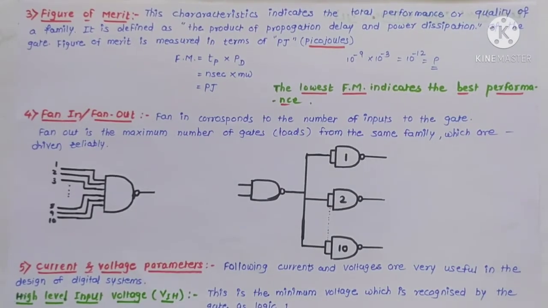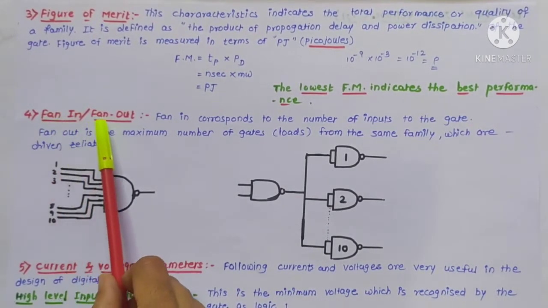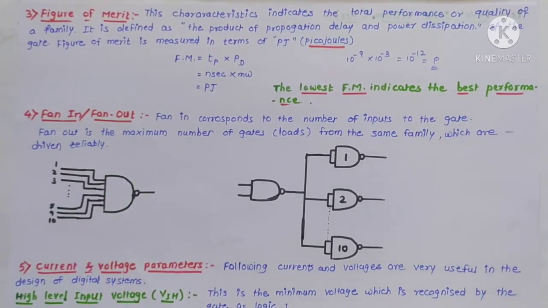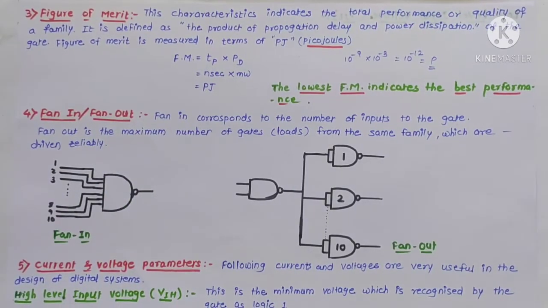Now let us see the next characteristics, fan in and fan out. In this diagram, a number of inputs are given to a single gate. So we can say that fan in corresponds to the number of inputs to the gate. Okay students?